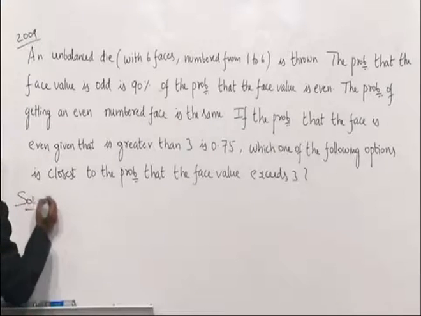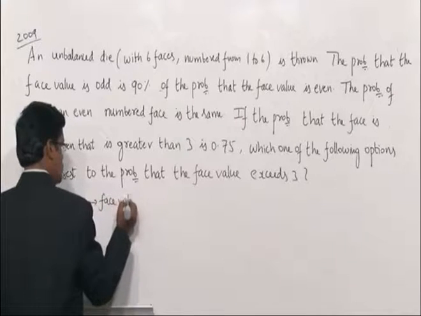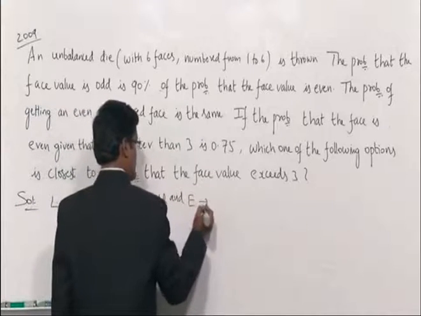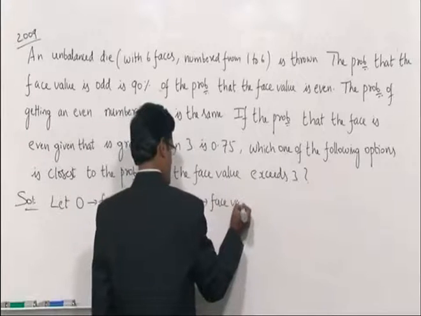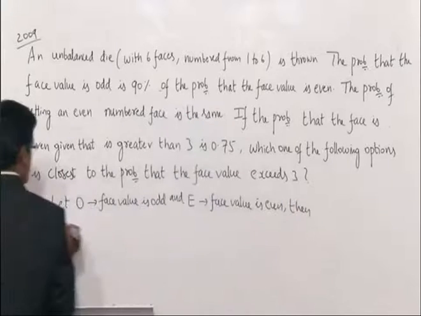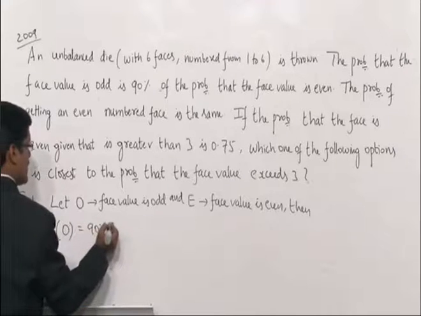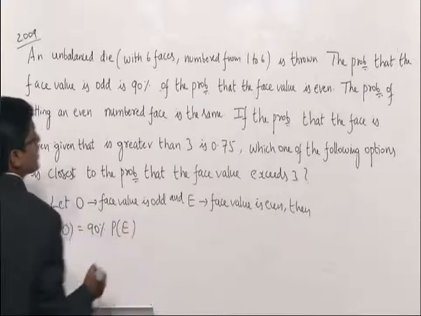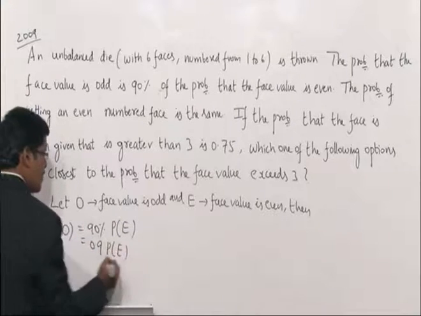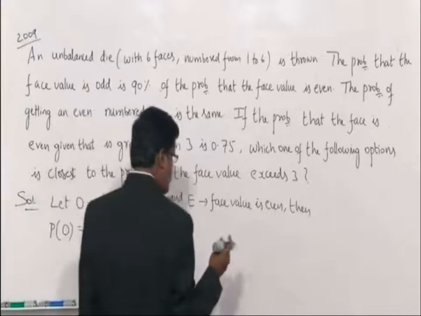So first of all I am denoting, let O denote face value is odd and E denote face value is even. Then what is the data given? The probability of face value odd: P of O is equal to 90% times the probability of even, so this simplifies to 0.9 times P of E. On the die there are only even and odd numbers: 1, 3, 5 odd numbers, 2, 4, 6 even.